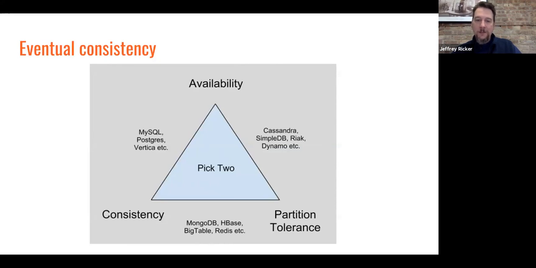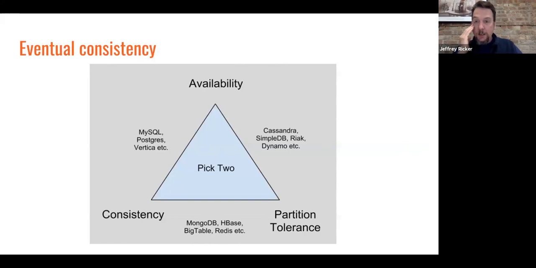Consistency means that if I hit any one of the nodes, I'm going to get the exact same value. In some cases, consistency from the data store is critical, so you would go with those kinds of solutions, whereas in others, it's not so critical. But that's what we mean by eventual consistency.